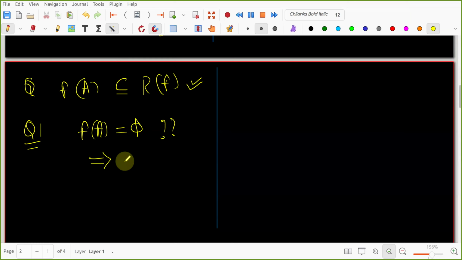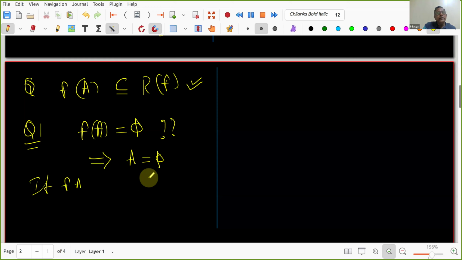So then A is also empty. A also needs to be empty. Okay, so we need a proof for this, right? What is this actually saying? If f of A is equal to the empty set, then A is equal to the empty set. You know the definition of a function that will help you. So Tejas, do you have an idea how to prove this? Just checking only. If you need some time, you can take also.